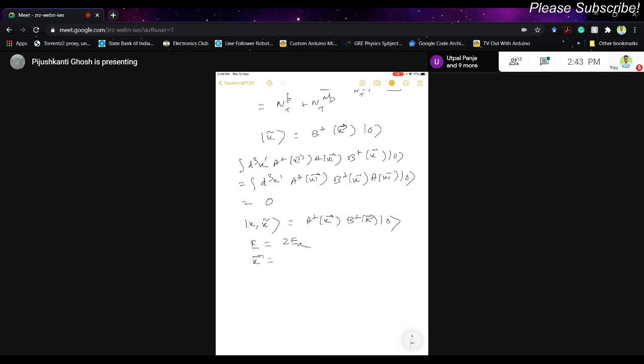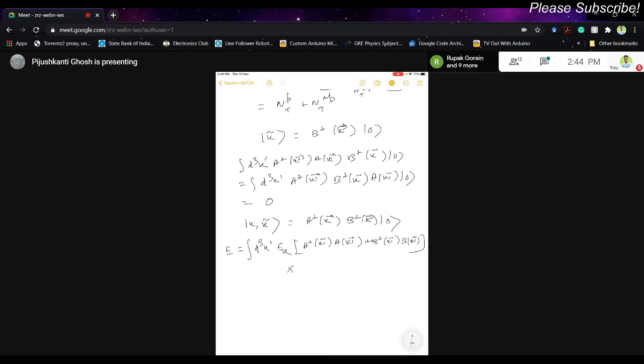If you want to calculate E, then integrate over dq k prime, E k prime, a dagger k prime a k prime, plus b dagger k prime b k prime.